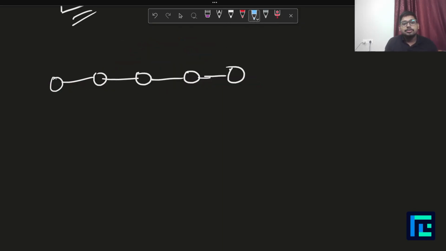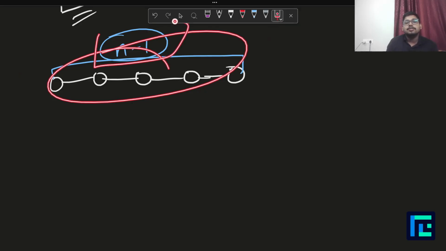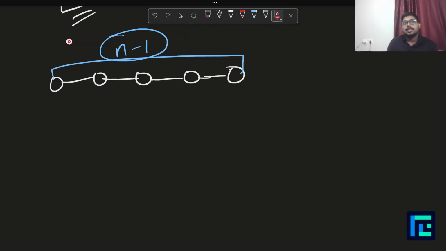Whatever assignment you do for this particular path, you would always have MEX as n minus 1, because it has all the values from 0 to n minus 2. So for this case, your answer would always be n minus 1, whatever assignment you do.